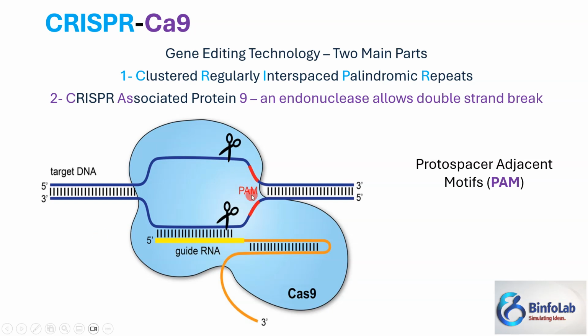So, what is the role of PAM in CRISPR? PAM helps to recognize the location of the target DNA which you want to cut. How does the endonuclease enzyme recognize it? It recognizes those three to five nucleotides or base pairs, which we call PAM.